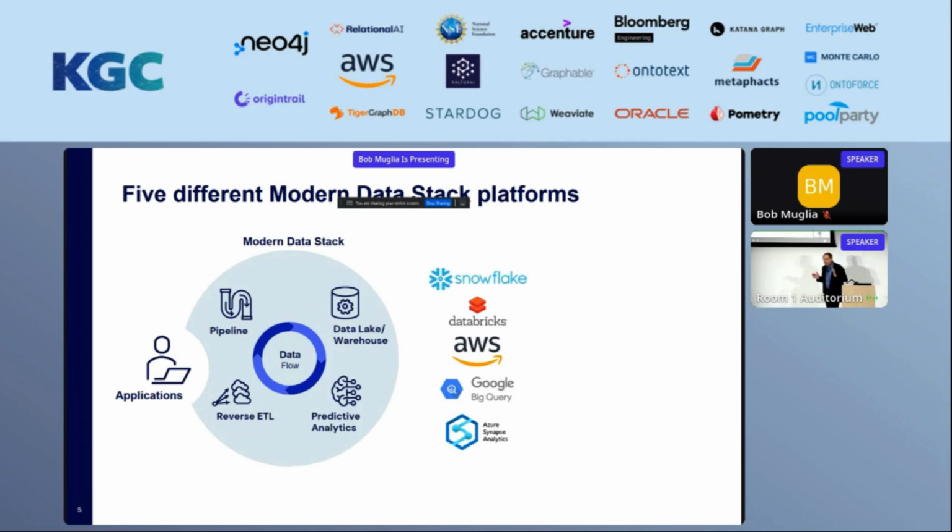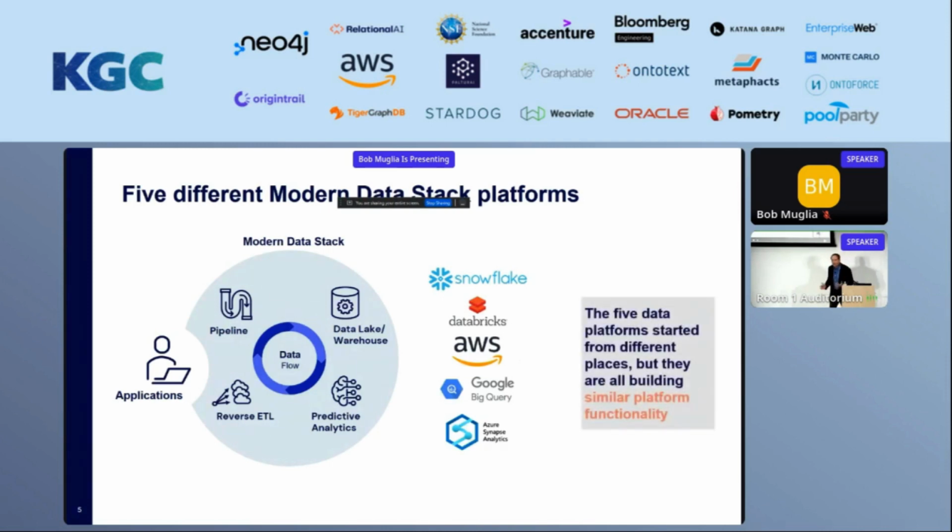And today we have 5 different data platforms that have evolved by large companies. They're delivering these services to, as I say, thousands and thousands of end users. And the interesting attribute of these companies is that if you look at where they began, they all started from different places. Snowflake was the idea of a cloud data warehouse. BigQuery was Dremel.